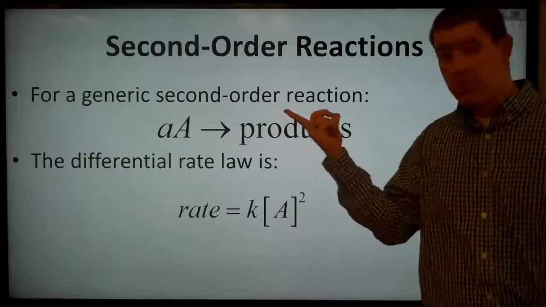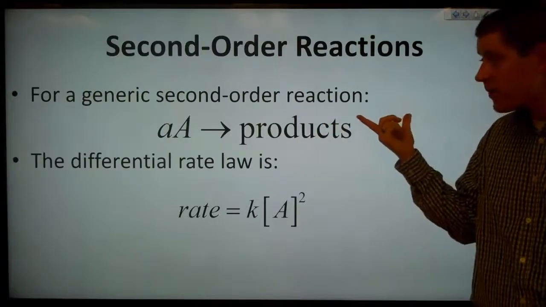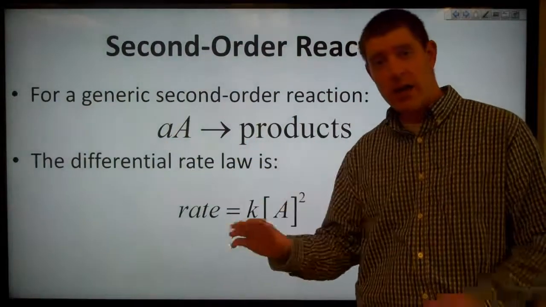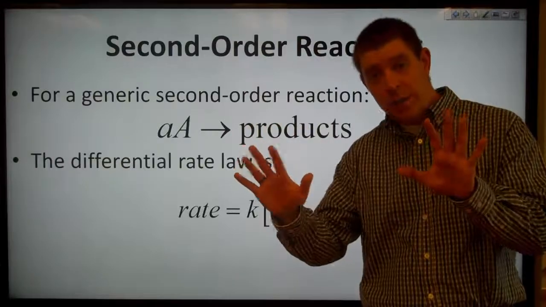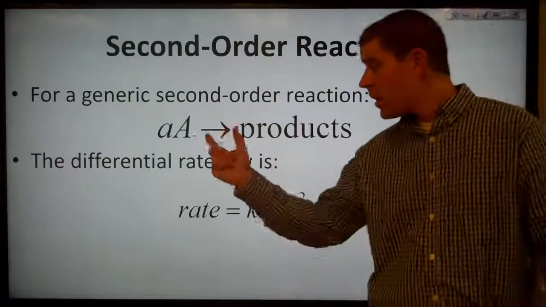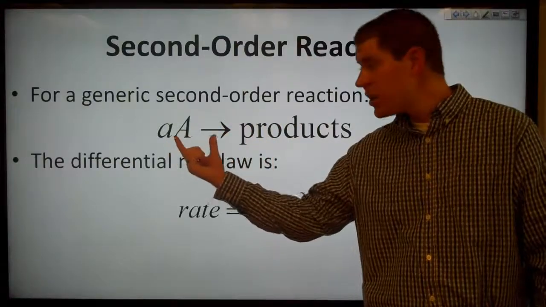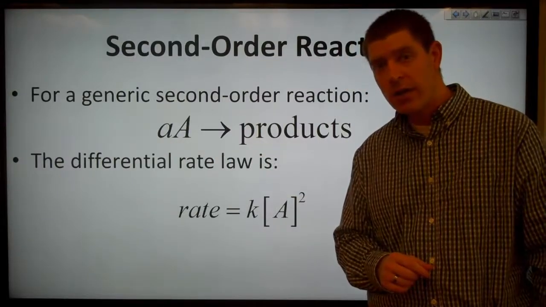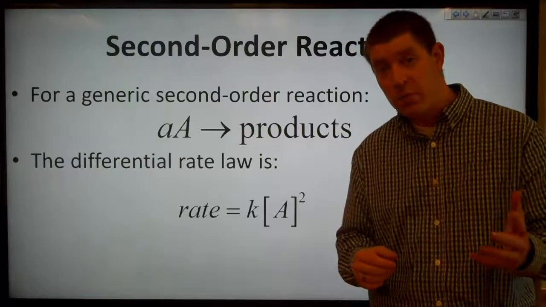Now for some generic second-order reaction. I could have written a second-order reaction as A plus B, but in this case it's easier to show it this way, with A being second order instead of A being first order and B being second order.